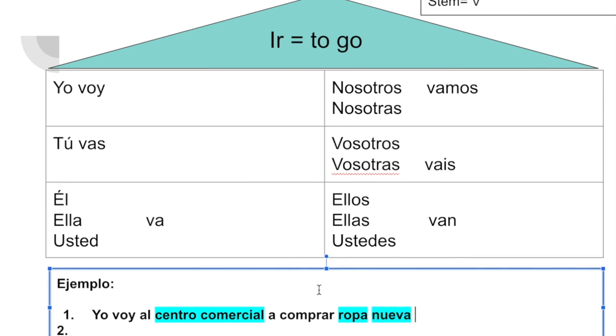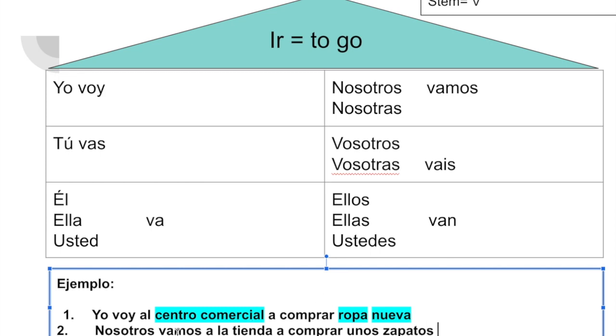Ok, muy bien. Y ejemplo 2. Nosotros vamos a la tienda a comprar unos zapatos.